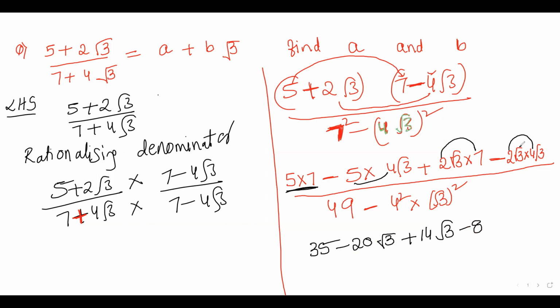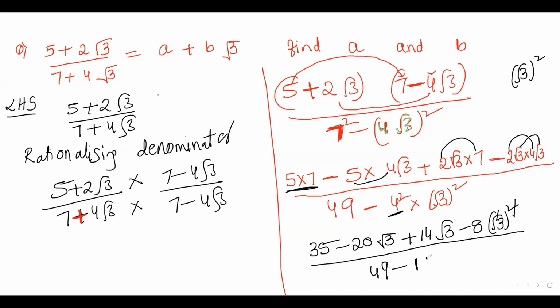Root 3 into root 3 is root 3 square. Got it? Square and root will get cancelled. 49 minus 4 square is 16. Square and root cancel. 16 threes are.